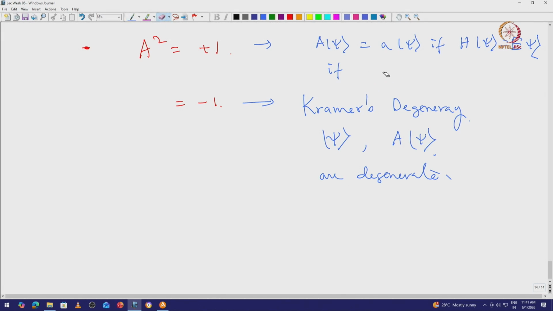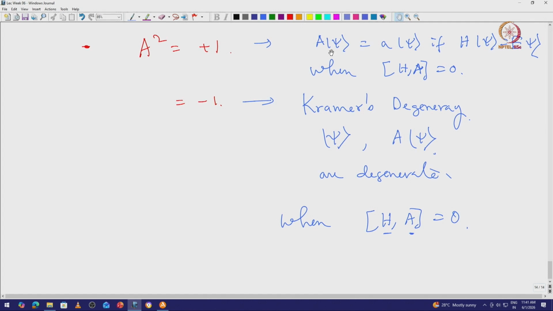This is when H and A commute. For unitary symmetry we always say that if two operators commute, they share the same eigenstate, right, and that is exactly the statement here, and this proof is very trivial, you have done it.